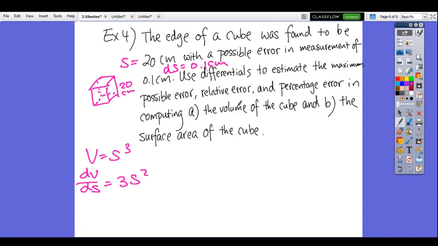Now let's find the possible error in the volume. For that dV, we just solve for dV. It's just 3s squared times ds.